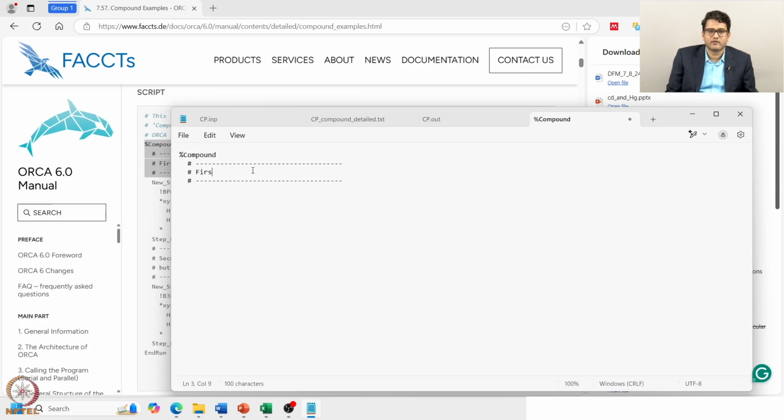So I will start with, first thing I would need, maybe I can increase the size a little bit more, the energy of AB on the geometry of AB and also in the basis set of AB.